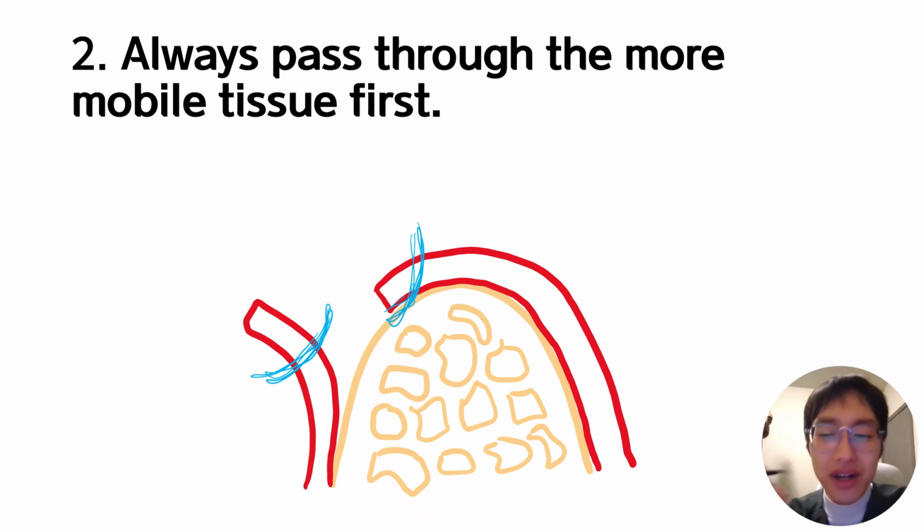I had a hard time, and if I had studied well and remembered this, I would not hook the attached one first, and it would be much easier. So don't be like me.